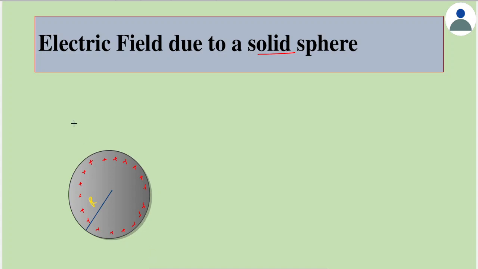Before doing it, we'll define a term called rho. We saw in the previous lectures that rho means volume charge density. It is given as charge distributed over the entire volume. So from here, charge would be rho into volume.